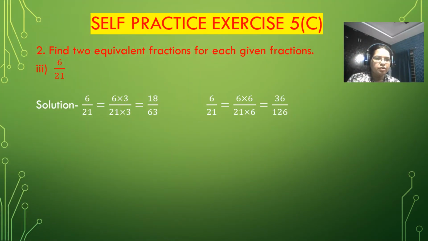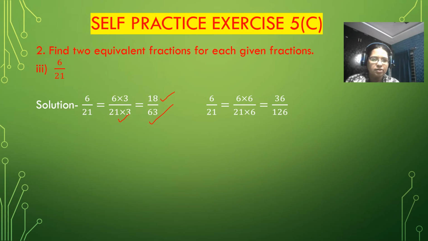Now third one, 6 divided by 21. We multiply 3 in both numerator and denominator of 6 divided by 21. We get 6 multiplied with 3 is 18 and 21 multiplied with 3 is 63. So 18 divided by 63 is the equivalent fraction of 6 divided by 21.